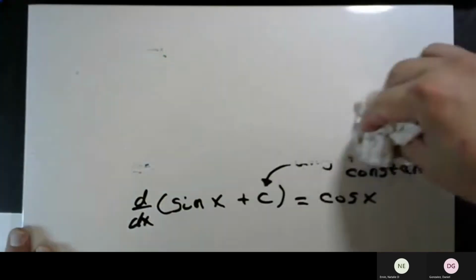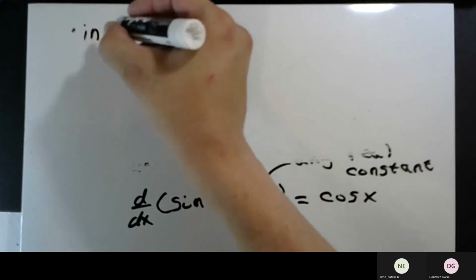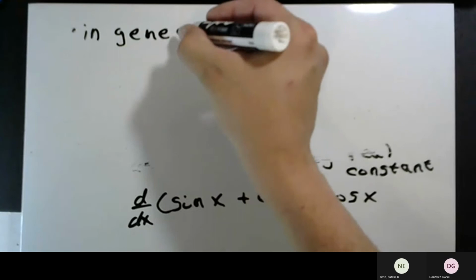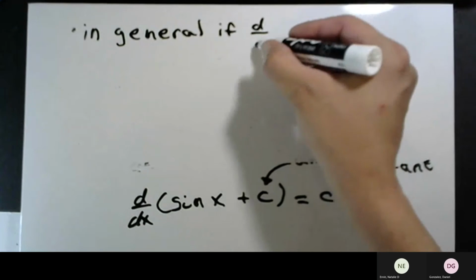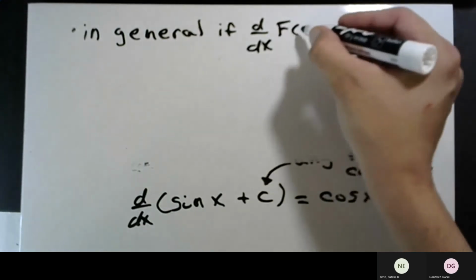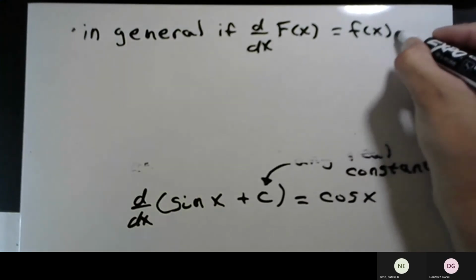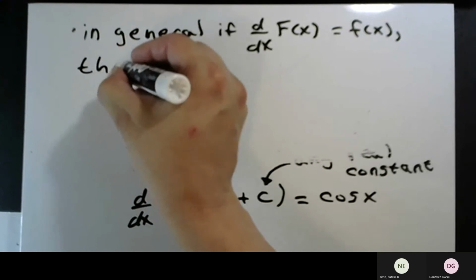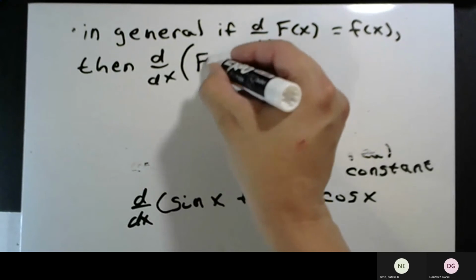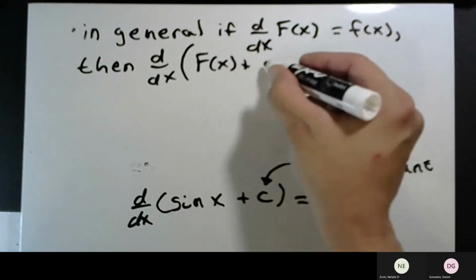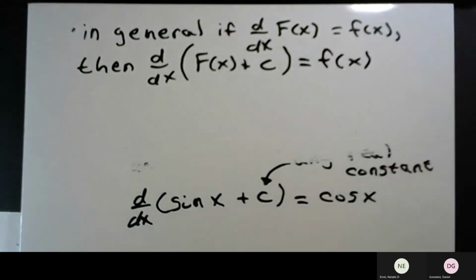In general, if the derivative of capital F of x equals lowercase f of x, then the derivative of capital F of x plus some constant c also equals lowercase f of x.